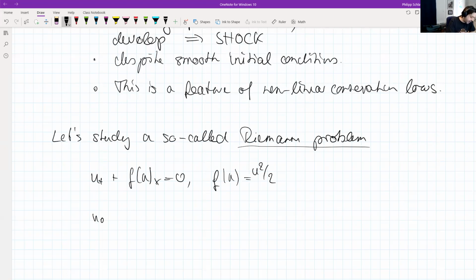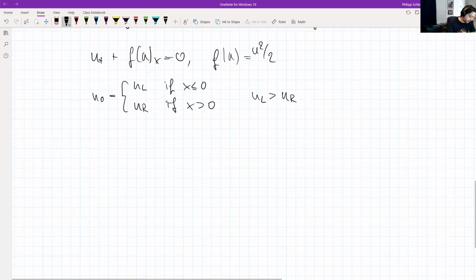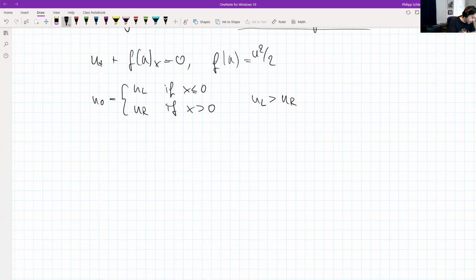But now for the Riemann problem, we consider a very specific initial condition, with just two values, u_L and u_R. It's u_L for x lower or equal to 0 and u_R for x larger than 0. And we assume for the first case that u_L is larger than u_R.